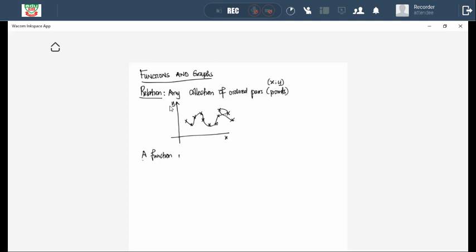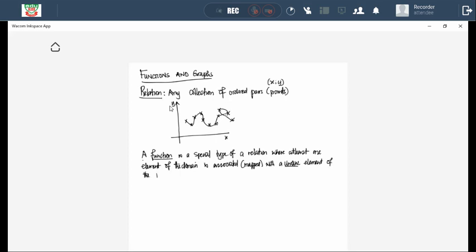A function is a special type of a what? A relation where at least one element of the domain is associated or mapped with a unique, I'll underline the word unique, element of the range.